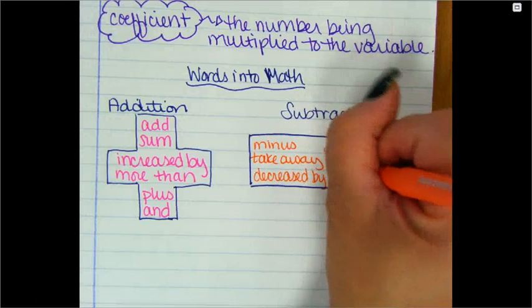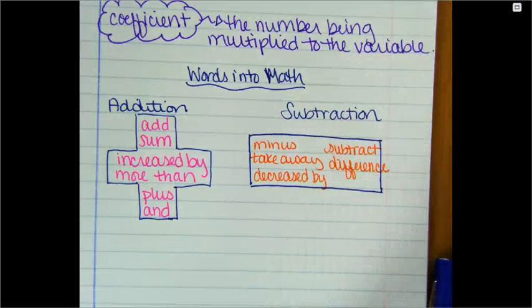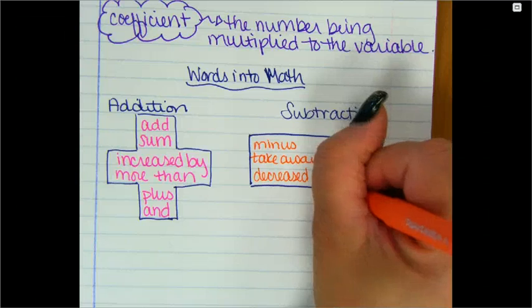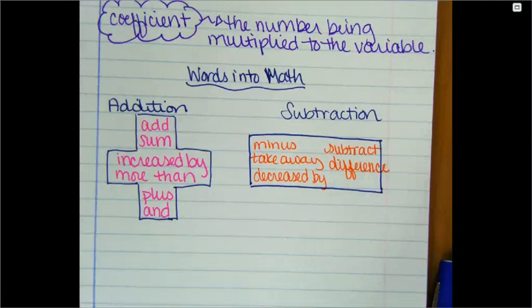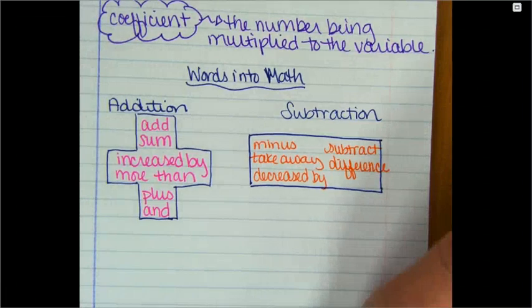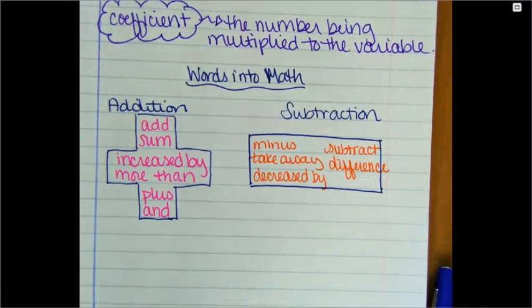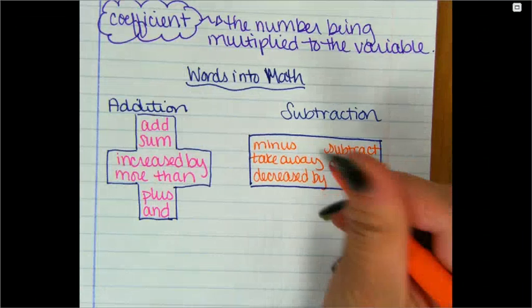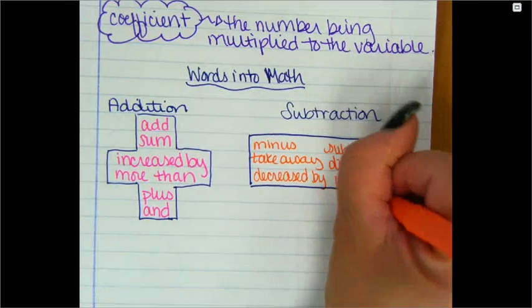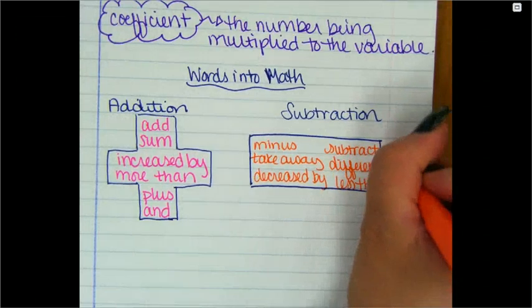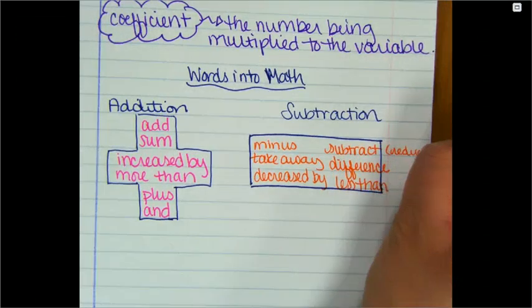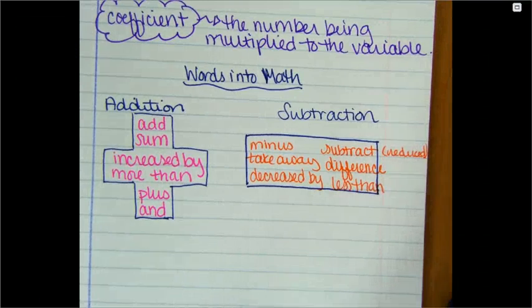Difference. Good one. Reduced by. So instead of decreased by, it can be reduced by. It just depends on how they use it. Because reduced can also mean to what? Divide. So we have to be careful how we use reduce. We'll squeeze in less than. Reduce, we'll kind of put on the outside. Just depends on how it's being used. We have to be careful.